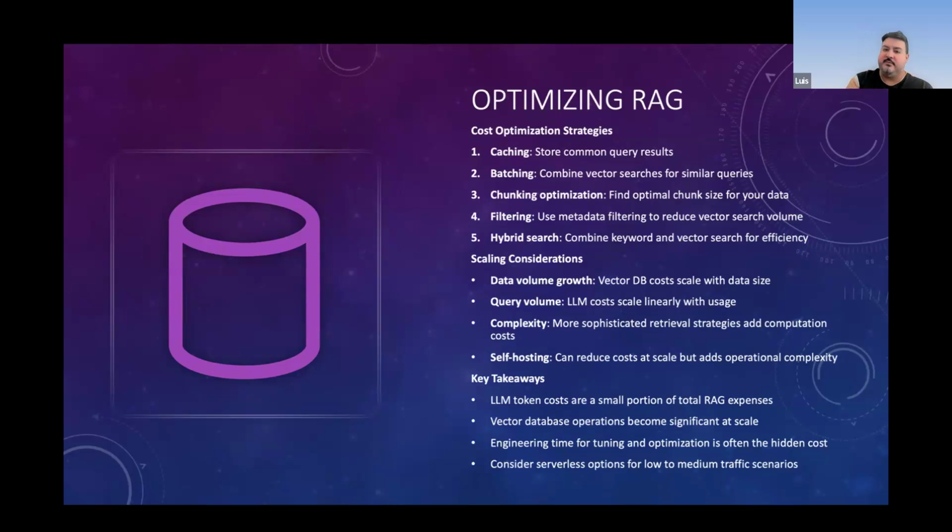But the hidden cost comes from needing an AI engineer, software developer, etc., who can create the evaluation data set and experiment with chunking, filtering, and hybrid search, and sort of play around until we actually get the results.